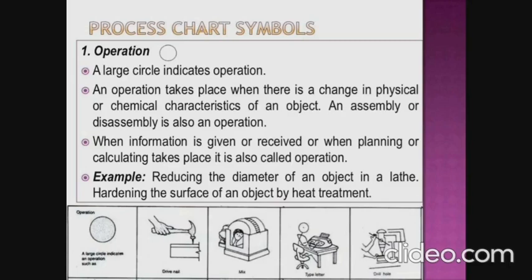Some examples: reducing the diameter of an object in a lathe, and hardening the surface of an object by heat treatment. So this is all the information about the operation symbol in a process chart.